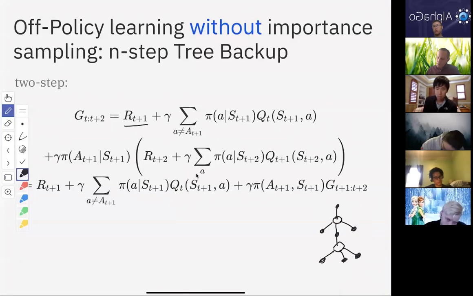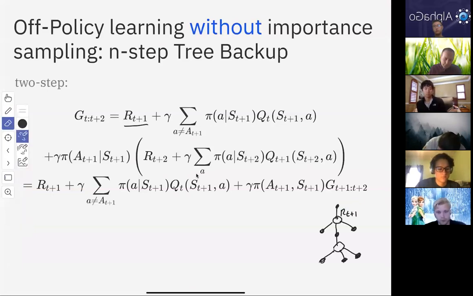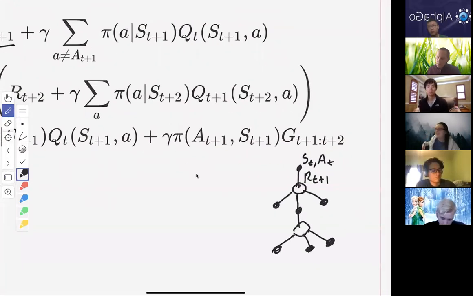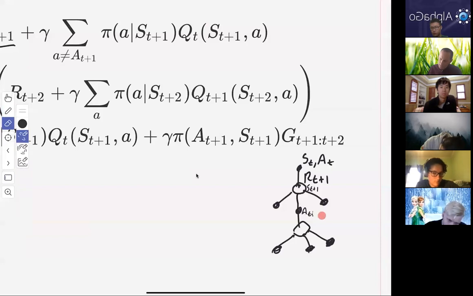R t plus 1 is we take A, so this is S comma A. This is really S sub t, A sub t, right? That's where we're starting. We go ahead and get our reward of R t plus 1. This is S t plus 1. This is A t plus 2. This is A t plus 1. Let me make this so I can read it.